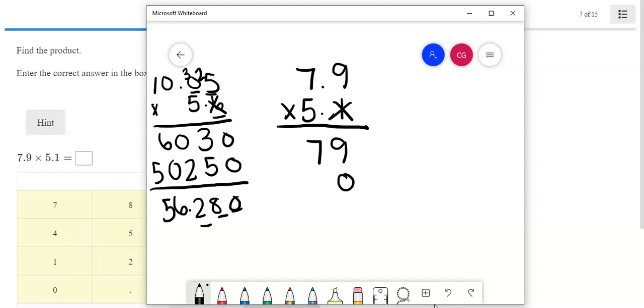We're going to go to the next row, so we put our 0. 5 times 9 is 45. 5 times 7 is 35, plus 4 is 39. We get 9, 7, 8, 9, 10, 11, 12. Line 10, 3, 4. 1, 2, 1, 2. So 40.29.